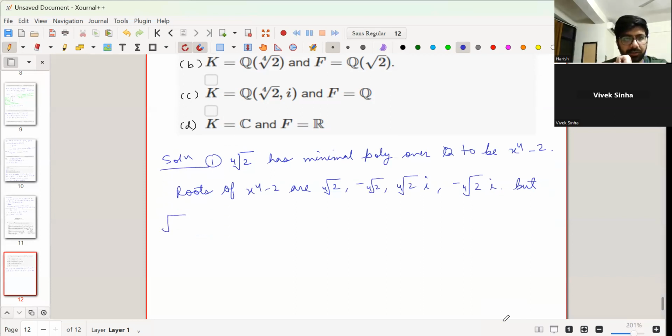The fourth root of 2 times i and minus the fourth root of 2 times i are not inside K. Thus K is not a normal extension, because K is not the splitting field of this polynomial.